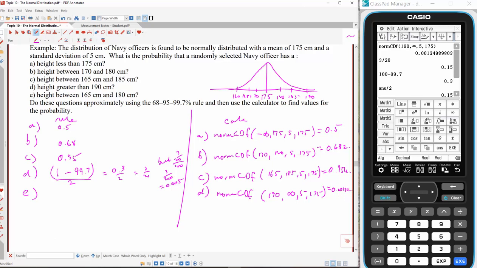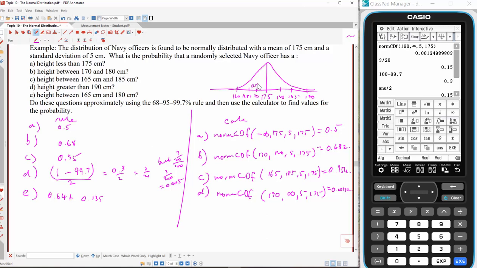Okay, E. So we're going 165 to 180. So that's going to be 0.64 plus 0.135, because this part here represents 13.5%.